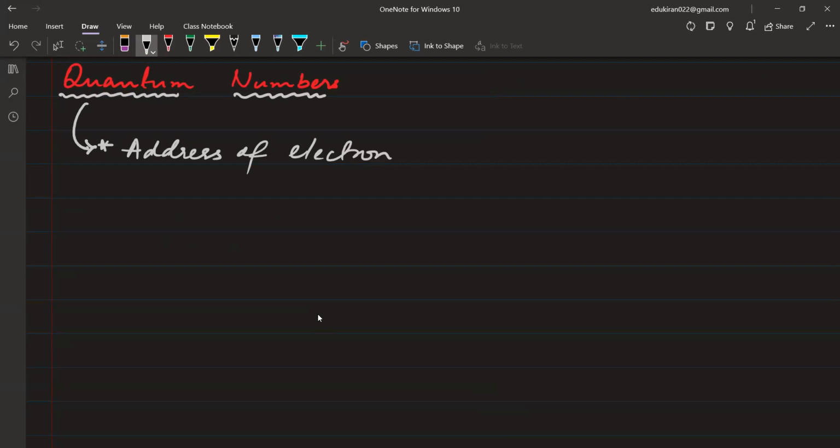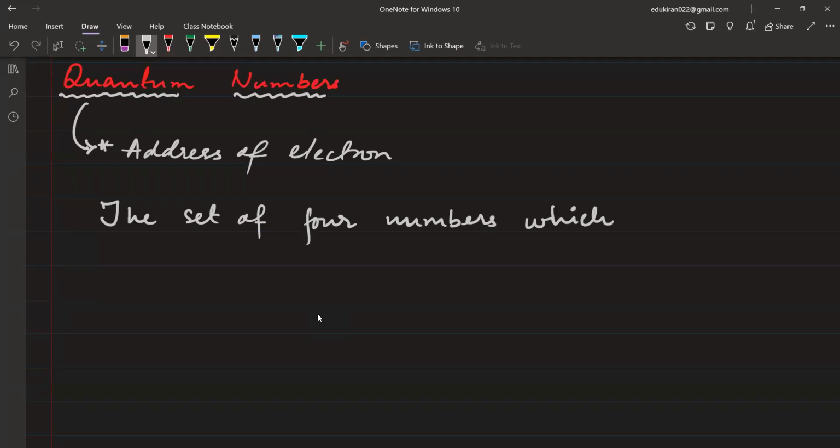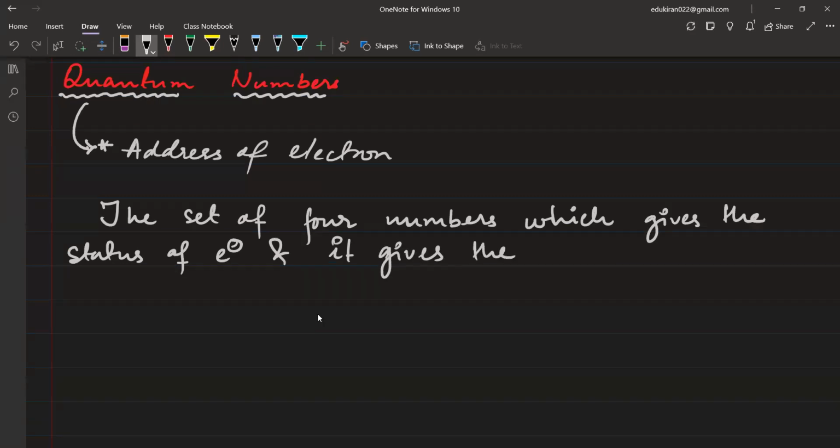Now, define quantum numbers. So please write with me: the set of 4 numbers which gives the status of electron, and it gives the shape, size, and orientation of electron.